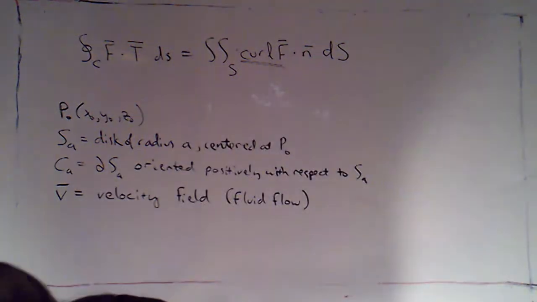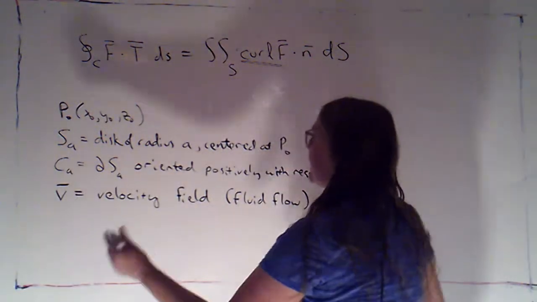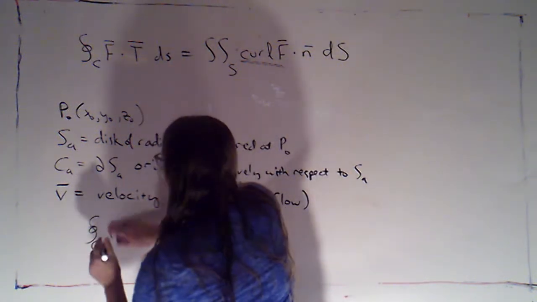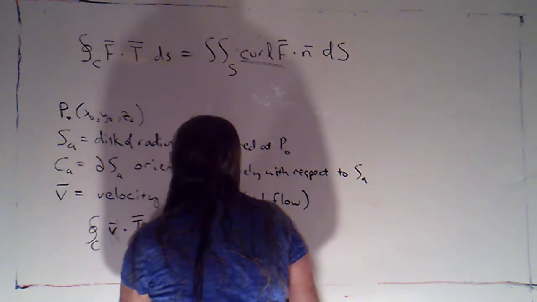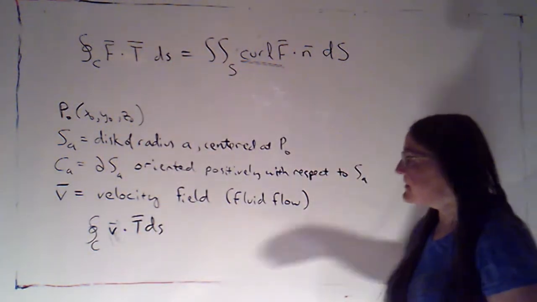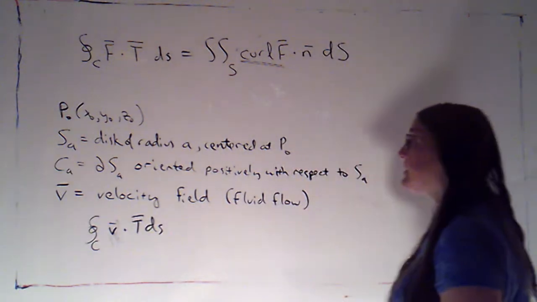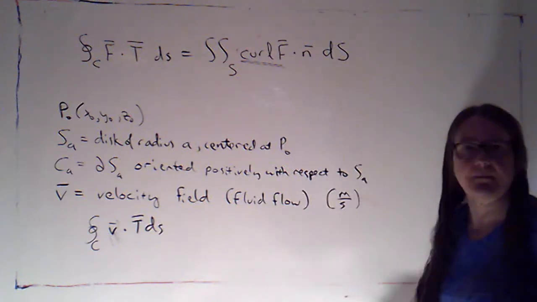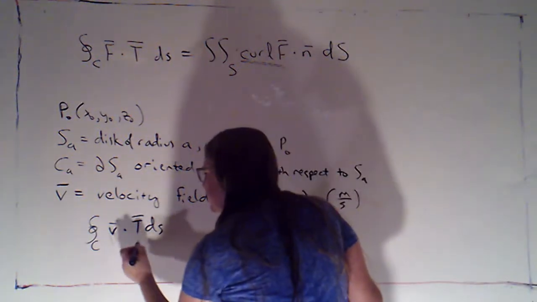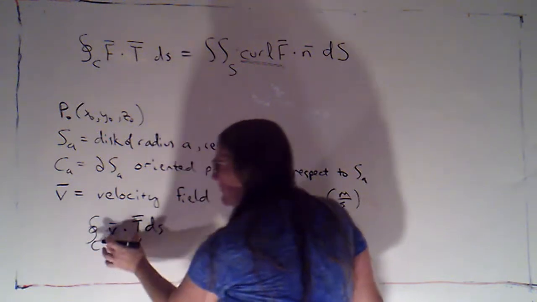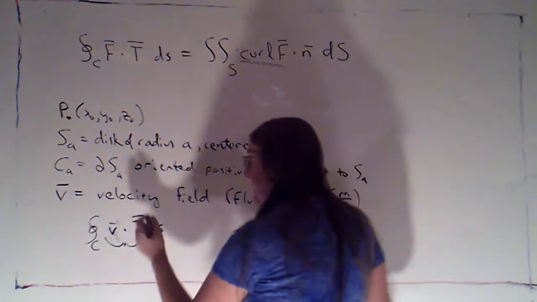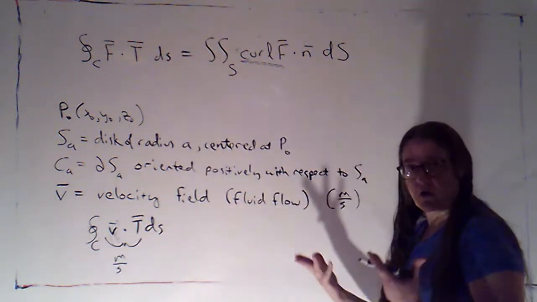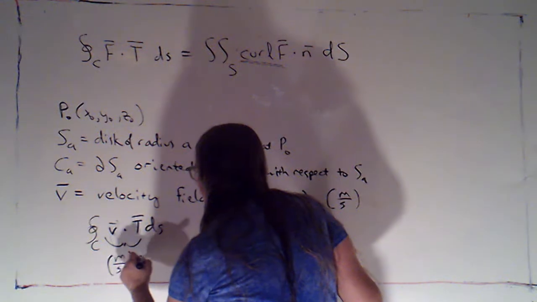Okay, so if I look at the integral around C of V dotted with T ds, this is now a component of my velocity, and let's say we're measuring that in meters per second. The units for that component of the velocity would be the same as the units for the velocity, meters per second. ds is arc length, so if I'm measuring length in meters, that would be meters.